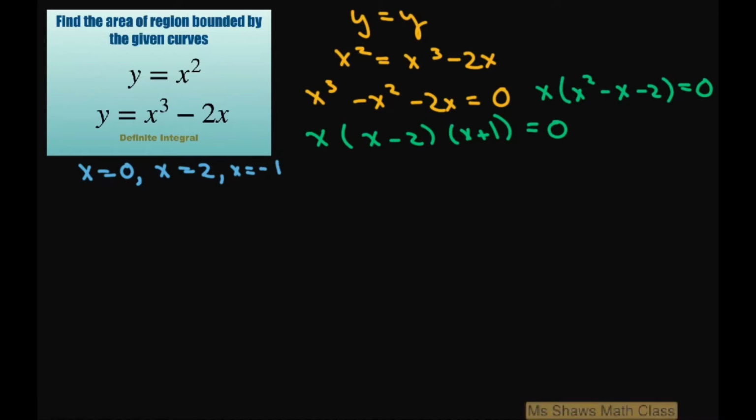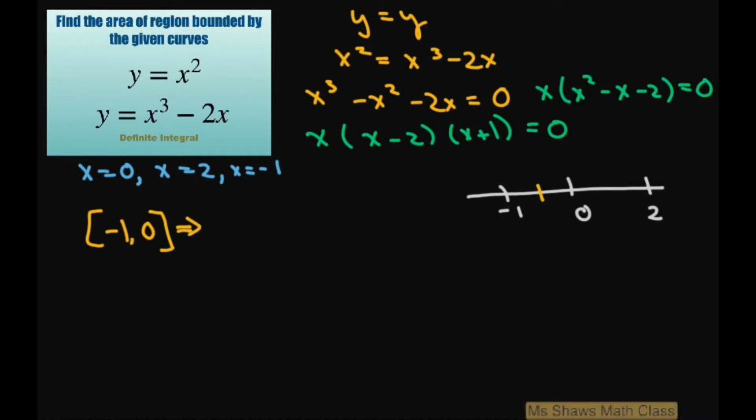Now, if you do a little sign diagram and compare these, you would start with negative 1, 0, and 2. Looking at the interval from negative 1 to 0, say I substitute in negative 1/2, I'm going to get x cubed minus 2x is greater than or equal to x squared.